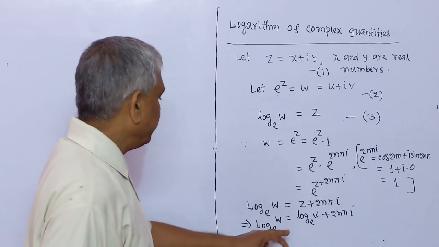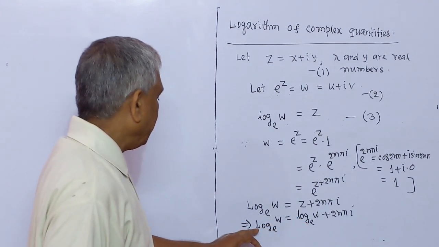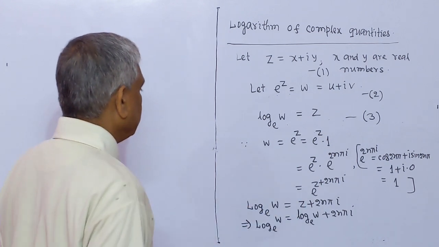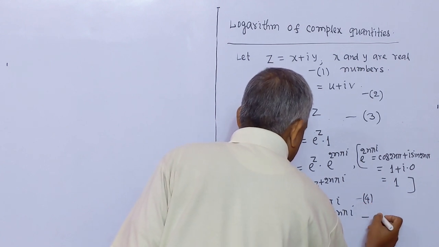This is the relation between small log and capital Log logarithm of complex quantities. This is number 4. This is number 5.